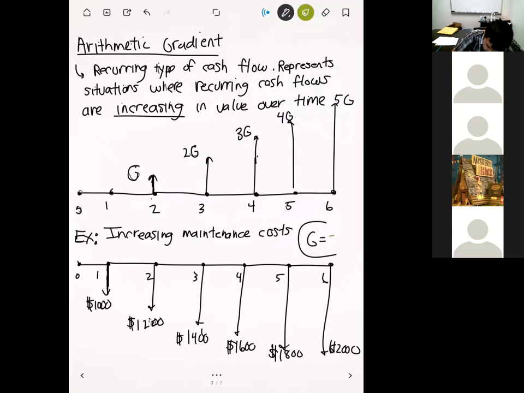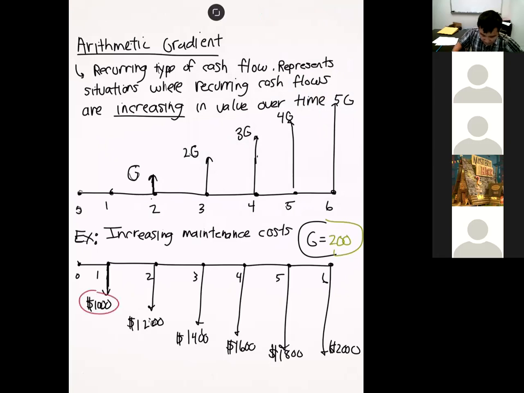And so we have a G value of 200, and so that's good, right? Because we can see that the costs are increasing by $200 each year. But then what about this 1,000, right? In fact, every year after that, it's not just 200, it's actually 200 plus 1,000, right?